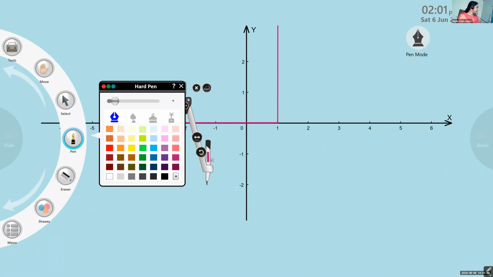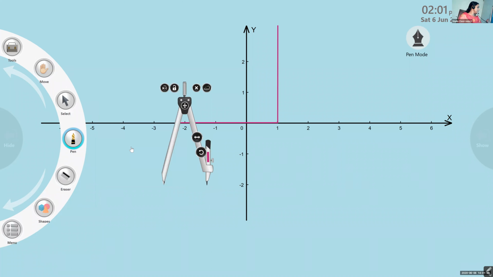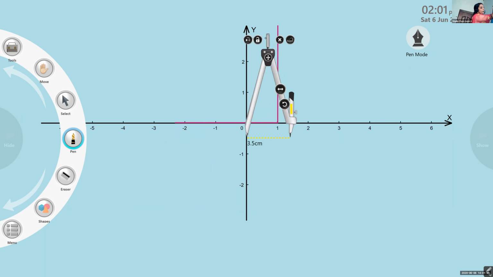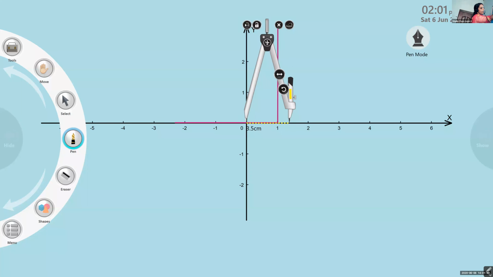Let me take another color so that you can understand it. Take your compass and move to this coordinate axis. We have to take this measurement properly.